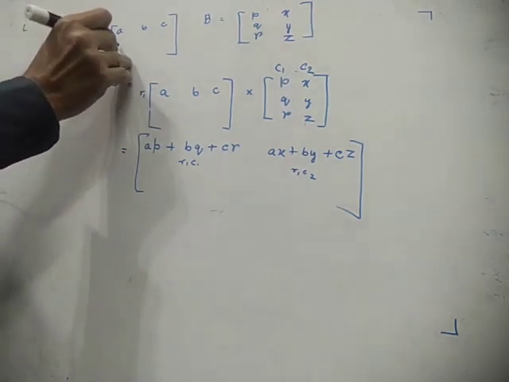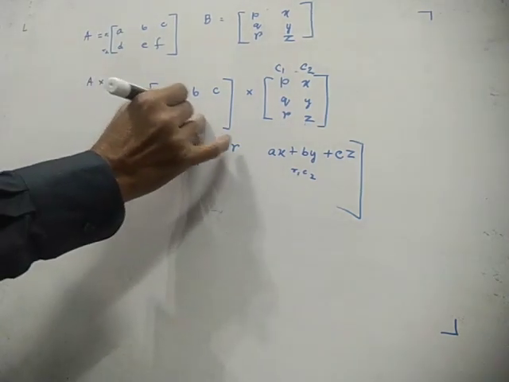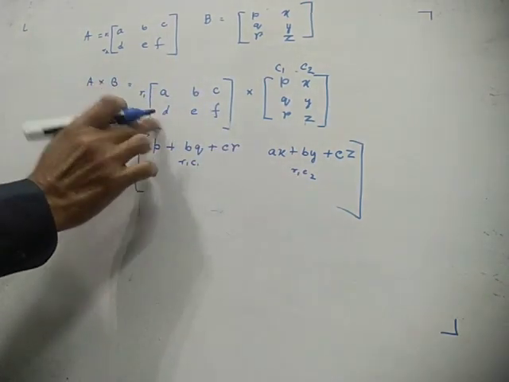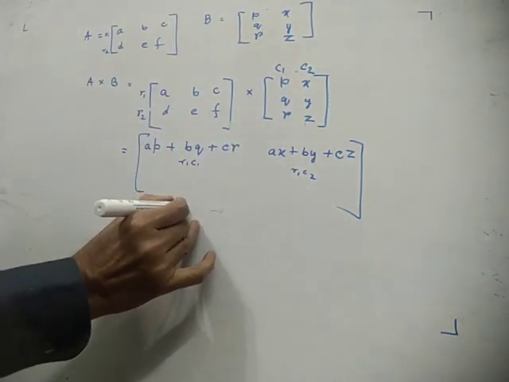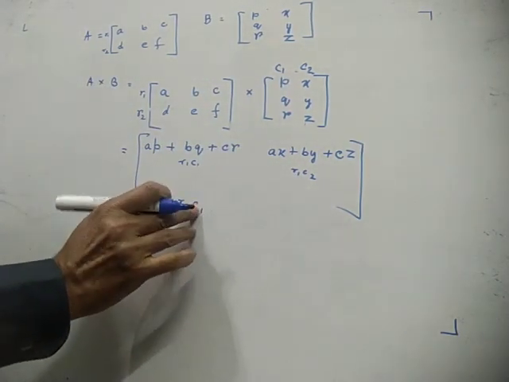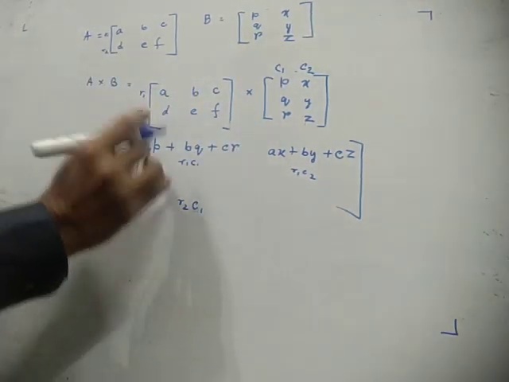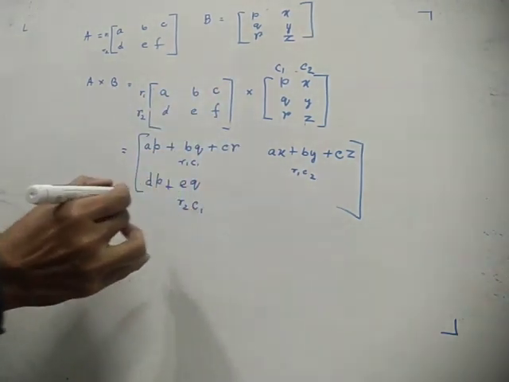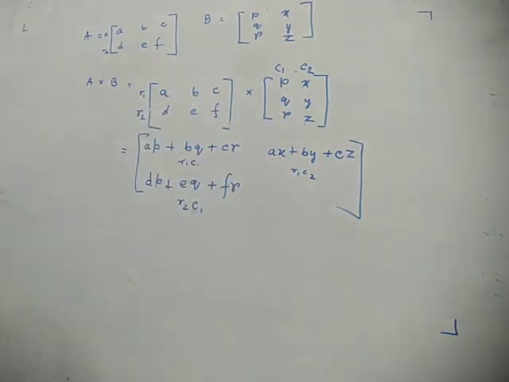Now if matrix A has a second row, D, E, F, then the second row will multiply with the first column. R2 C1 makes the first element of the second row: DP plus EQ plus FR.